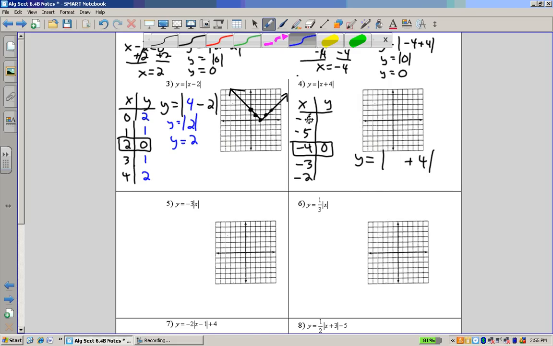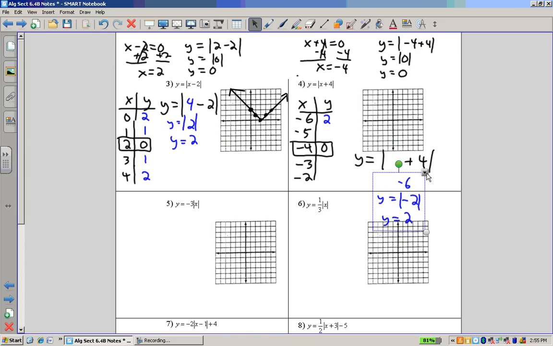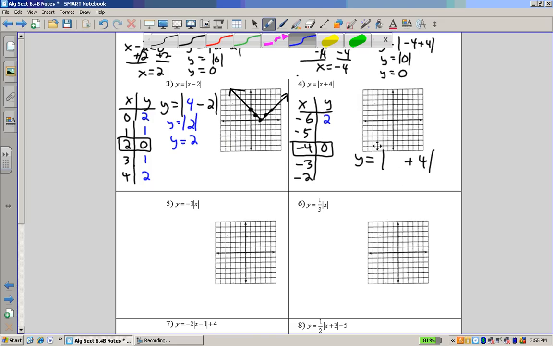Okay, plug in a -6. -6 plus 4 is -2. The absolute value of -2 is 2. Let's plug in -5. -5 plus 4 is -1. The absolute value of -1 is 1 because -1 is 1 unit away from 0 on the number line.